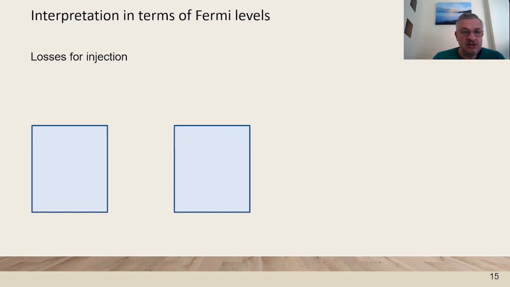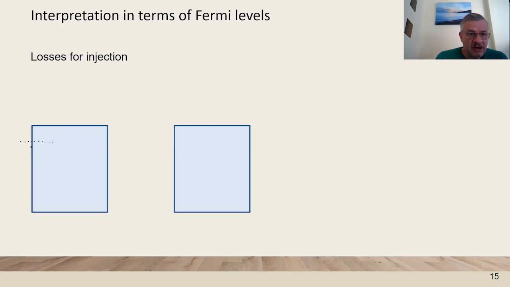From this interpretation of the gradient of the Fermi level that is required to drive a flux, we can analyze the different mechanisms of losses of energy for the charge transport. So the first case is when we want to inject carriers.